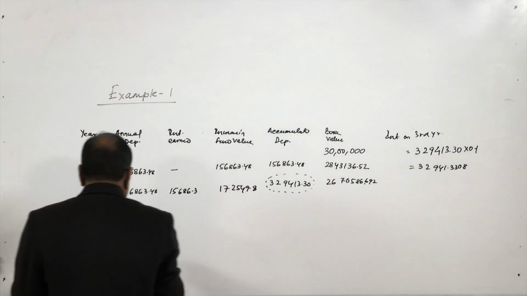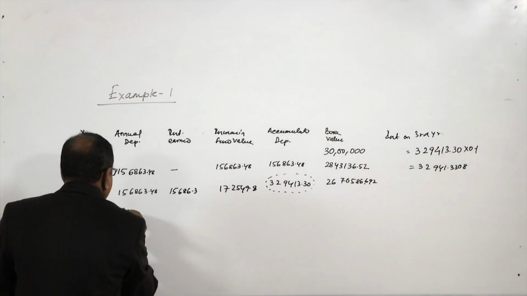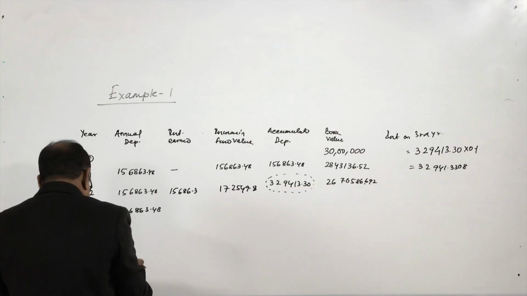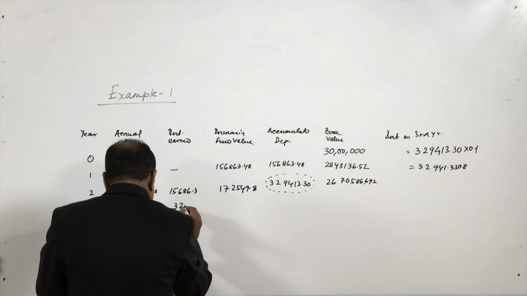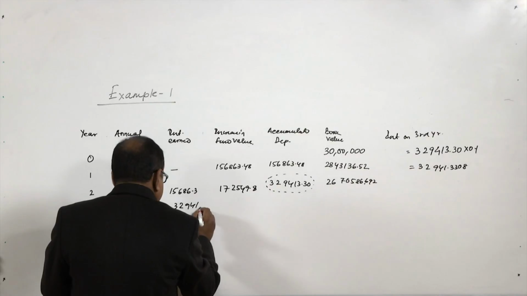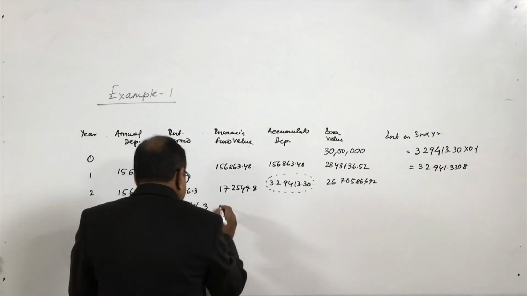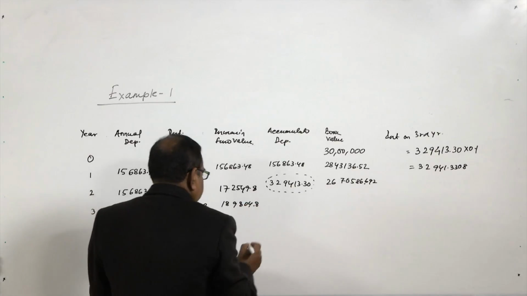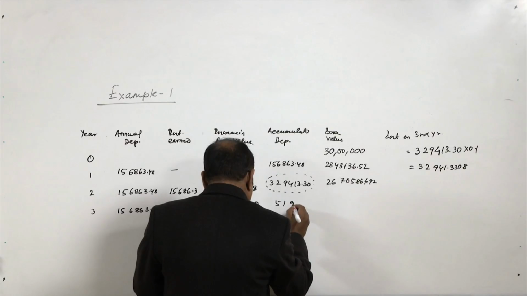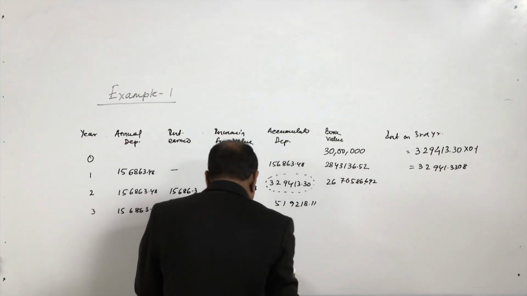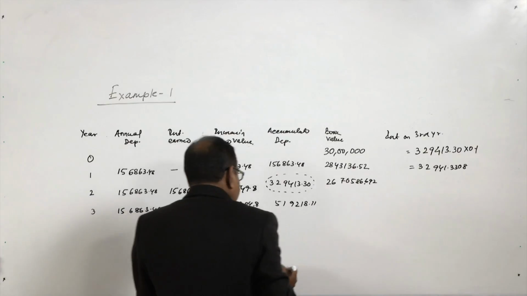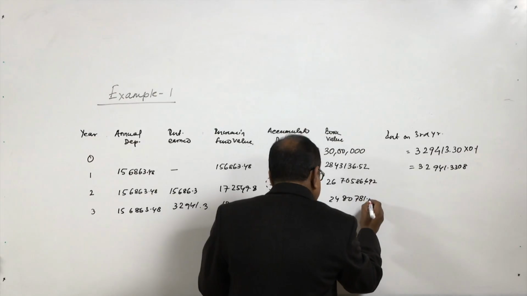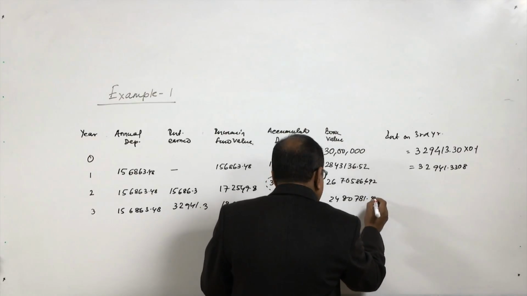So, here the annual depreciation charge will be the same, but the interest which will be accrued here will be 32941.3, and this becomes 189,804.8, this becomes 519,218.11, and this is 2480781.88.